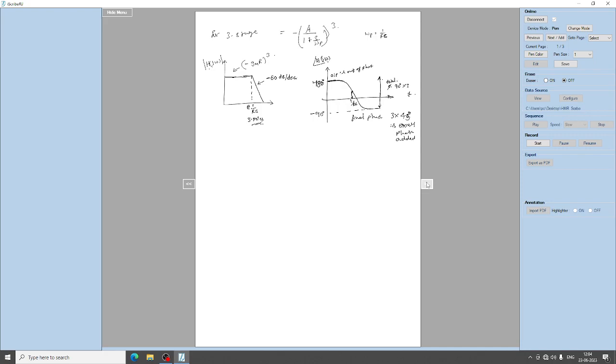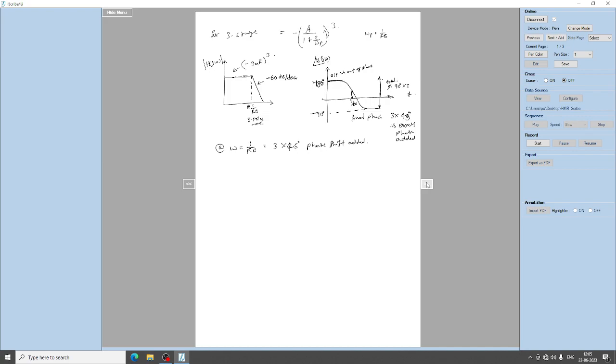So we will calculate that phase. At omega is 1 upon RC, what happens? We have 45 degree produced by each, added. So we will find out at what frequency it is oscillating.